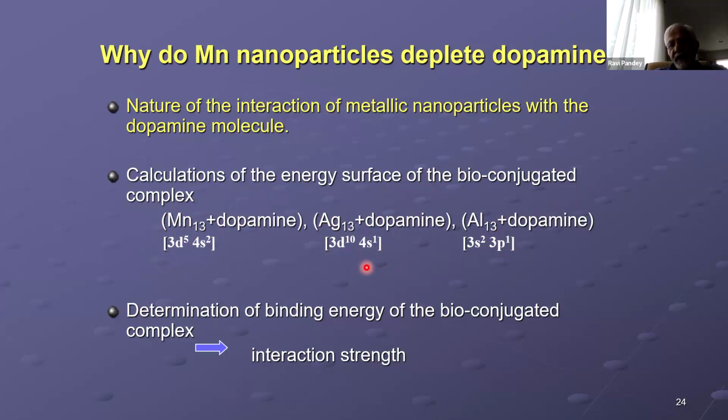That gives you s, p, d electrons interacting with the dopamine, a nice reference to compare with. Therefore we picked Al13 to calculate. This energy surface calculation gives the binding energy, and once we have the binding energy, we know the interaction strength these metallic particles have with dopamine.